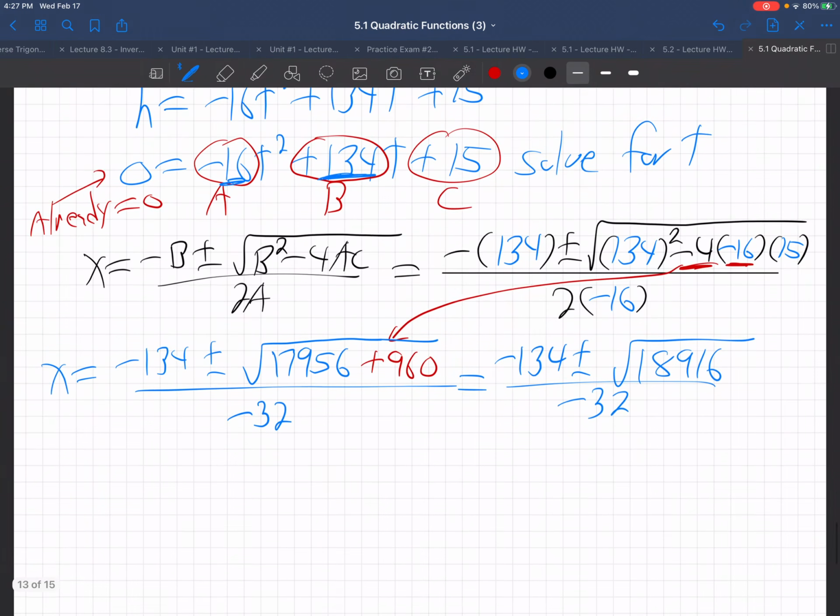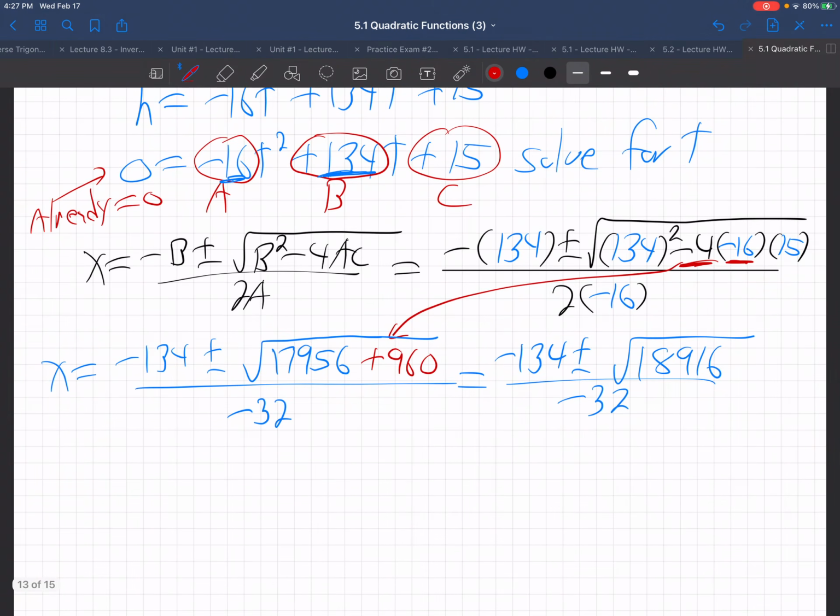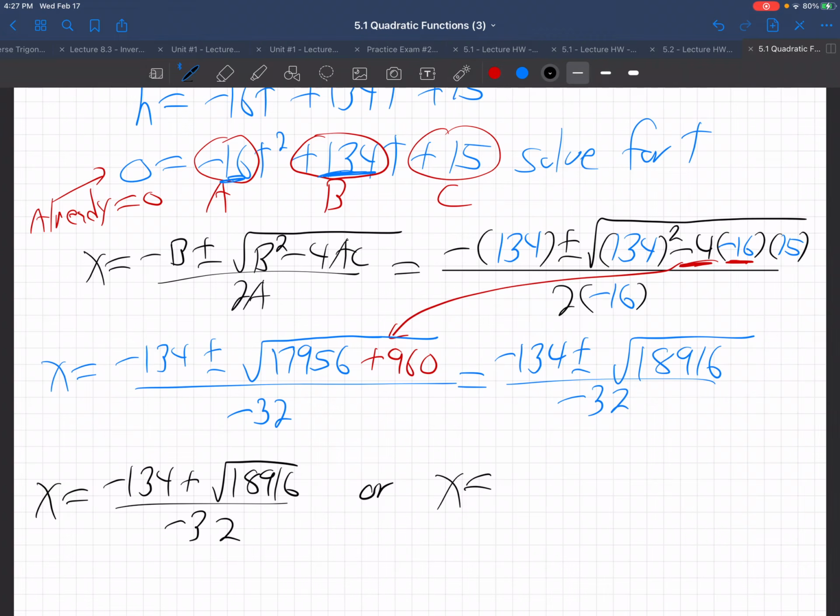All right, so it gives us two different options. One is t equals minus 134 plus the square root of 18,916 over minus 32, or t equals minus 134 minus the square root of 18,916 all over minus 32.